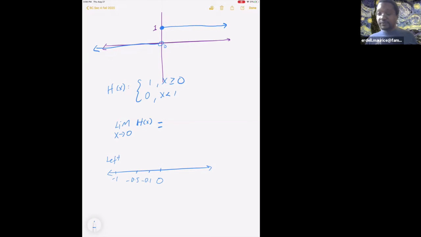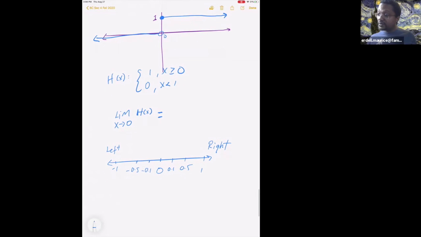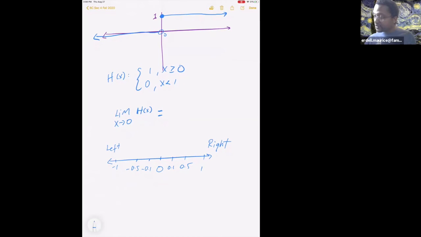Me approaching in this direction. If I go on the right side, I would have 1, then 0.5, then 0.1. I'll take all of those numbers and put them in a table of values: -1, -0.5, -0.1, then I'll skip 0, then it goes 0.1, 0.5, and 1.